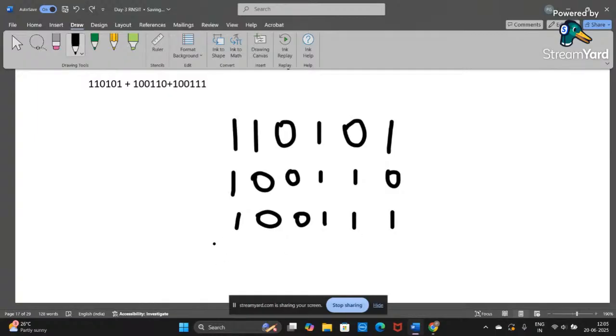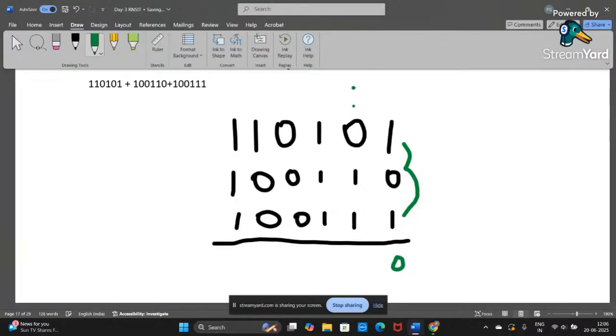So now let us solve this. 1 plus 0 it is 1, 1 plus 1 it is 10. So 0 we are writing here and 1 here.